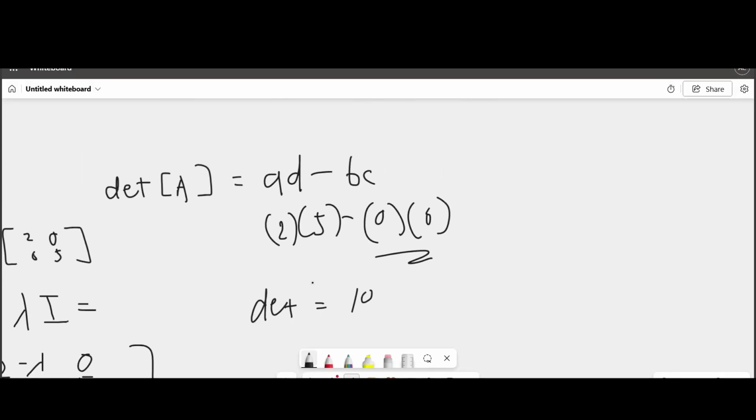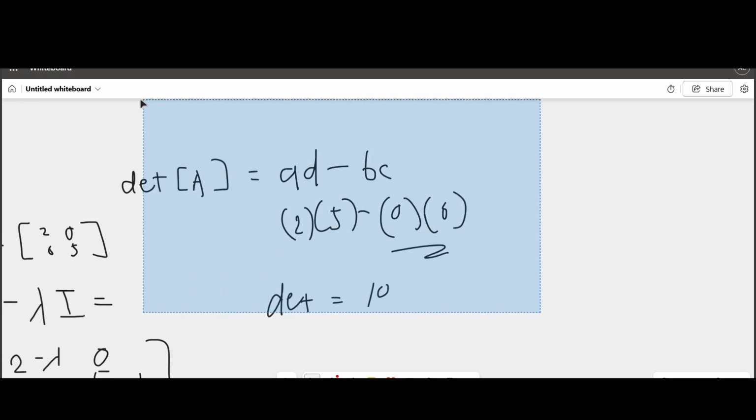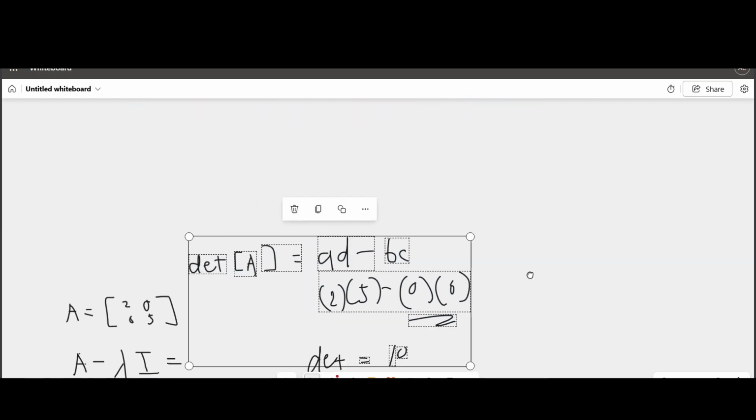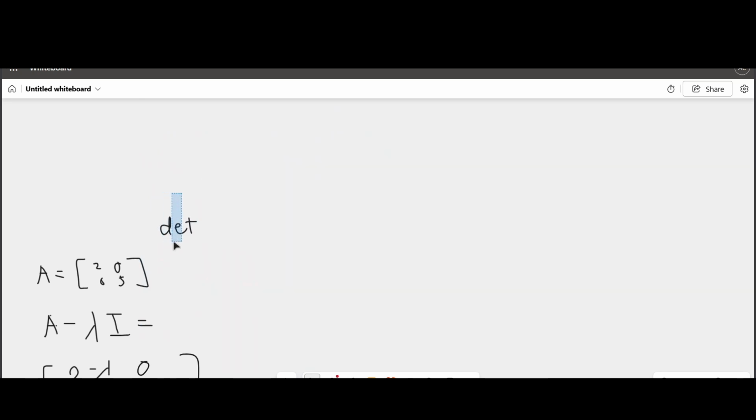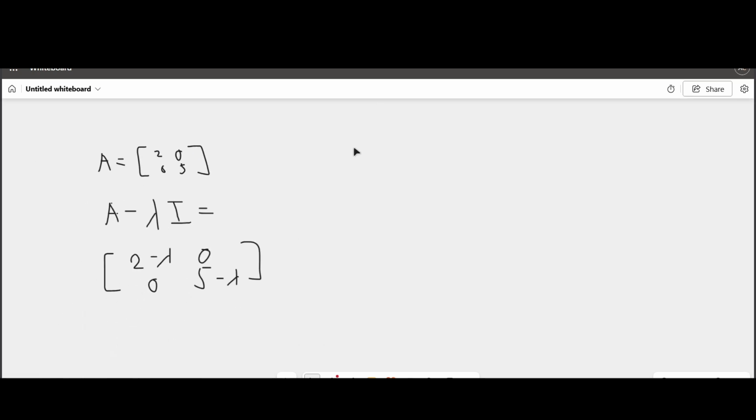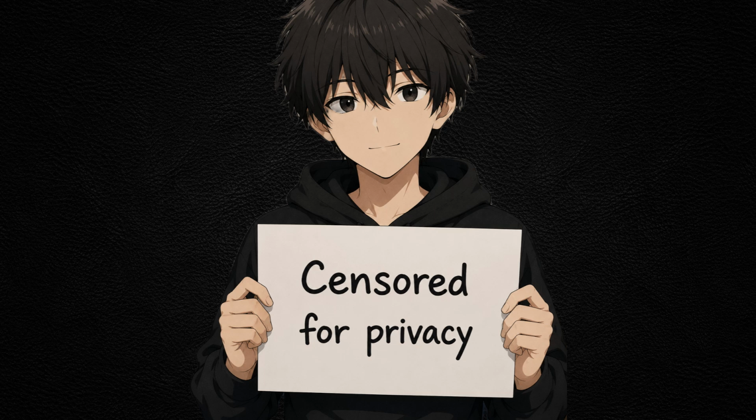I'm sorry, this wasn't actually the determinant. You don't need to find the determinant of the matrix itself. You just have to find the determinant after you subtract lambda. So we have here AD minus BC.